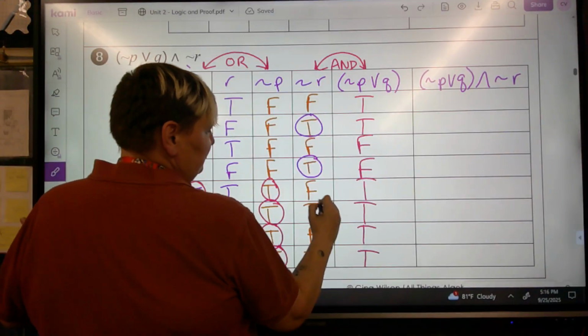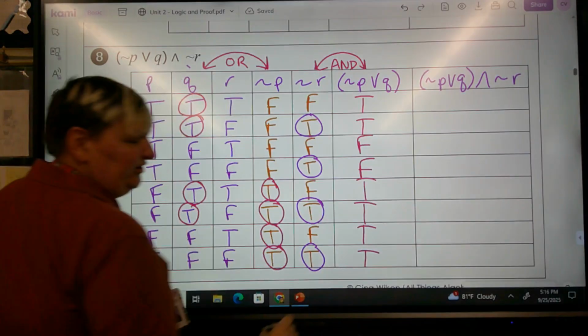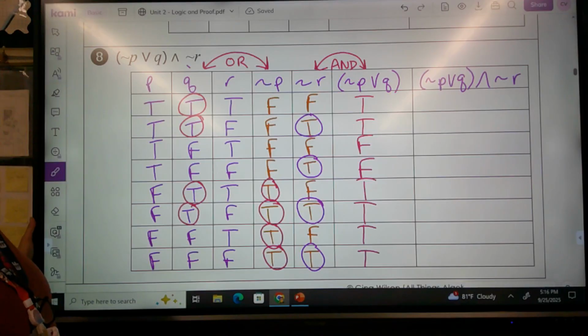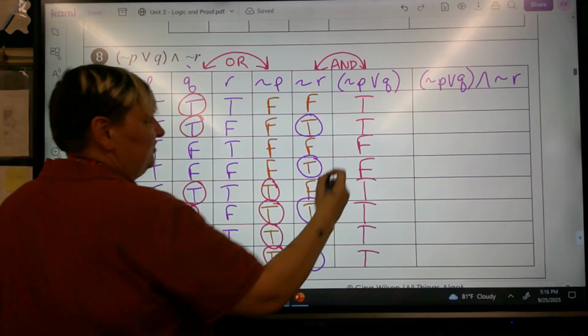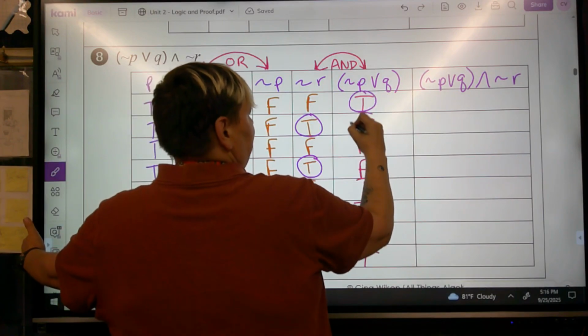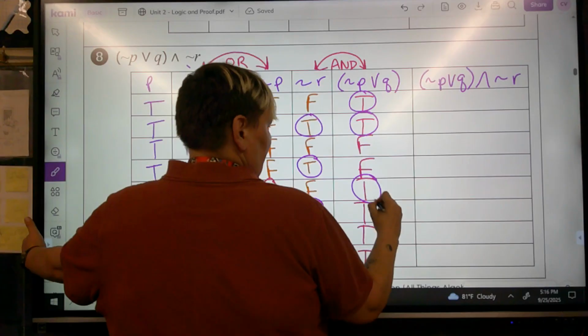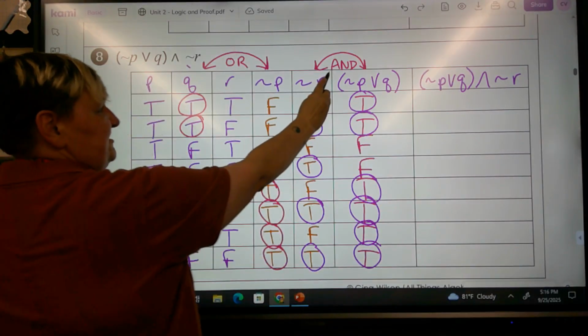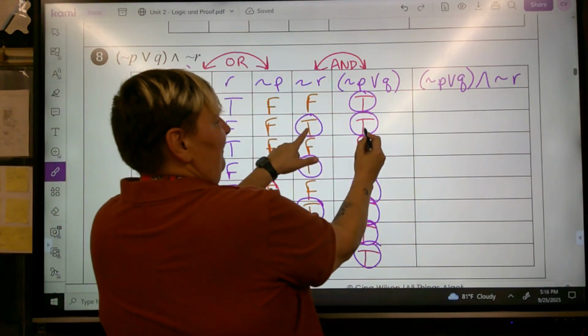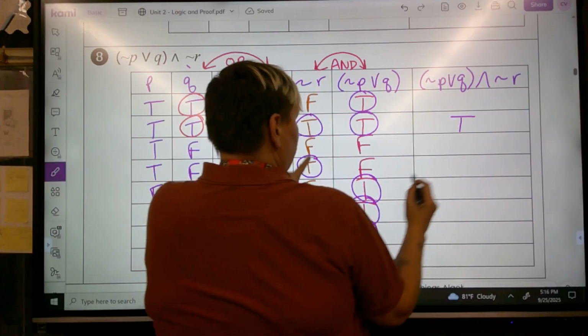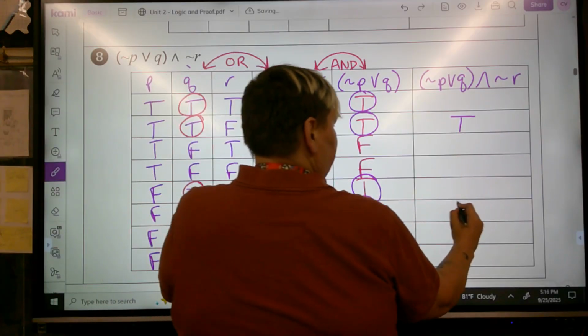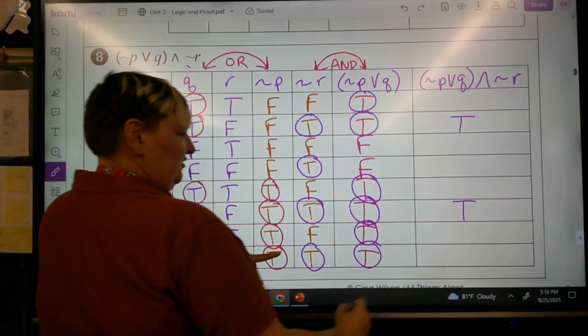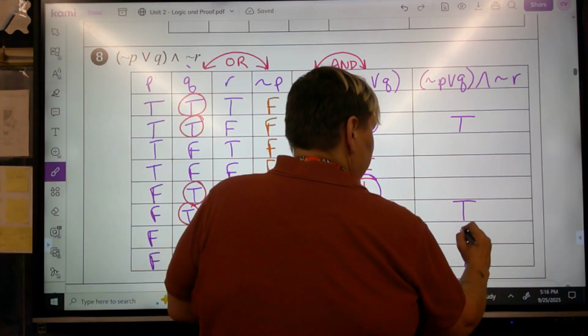You don't have to circle the T's, but until you get used to it, it might help you keep it all in order. It might help you see what's what. Because it's an and statement, they both have to be true to make it true. Everything else is false.